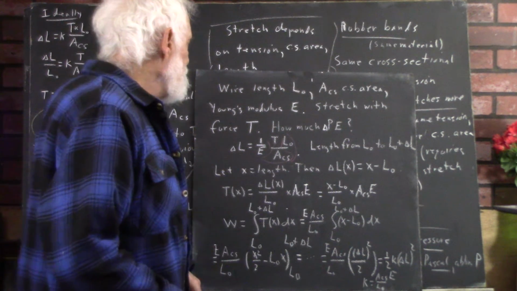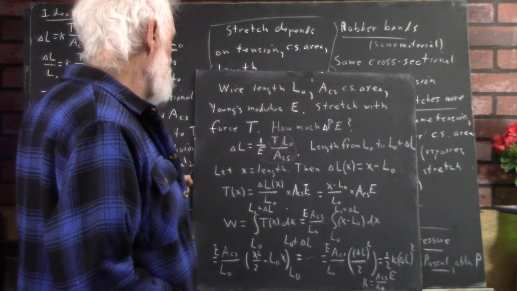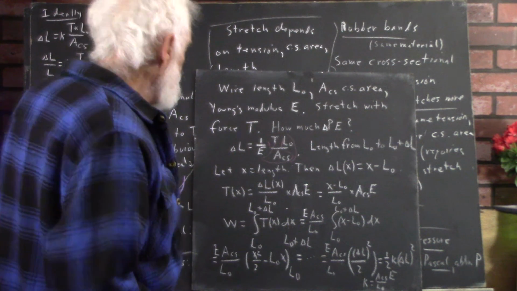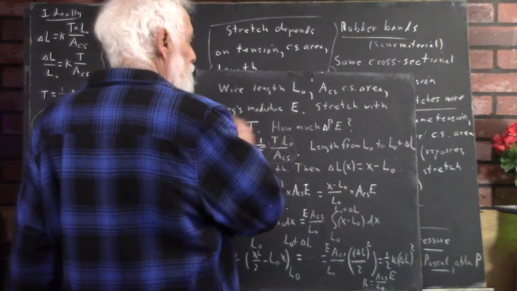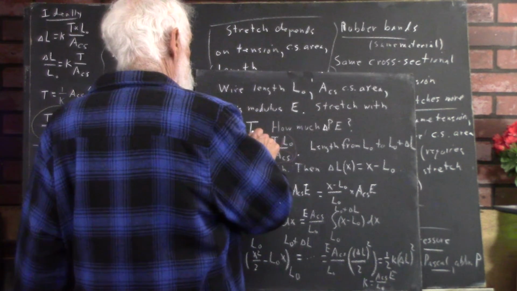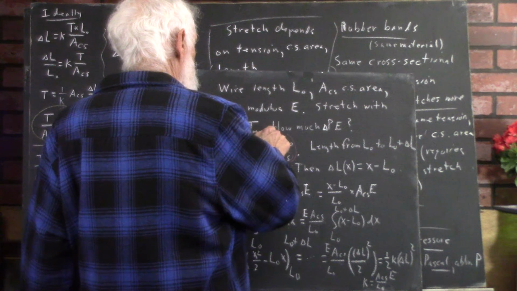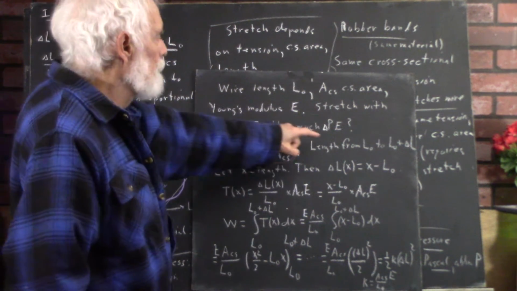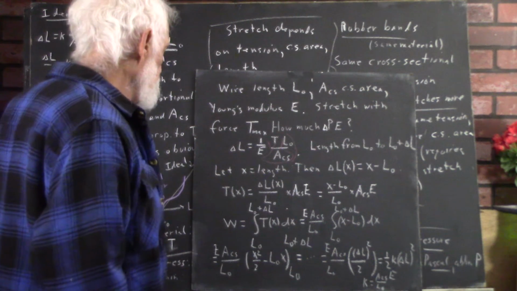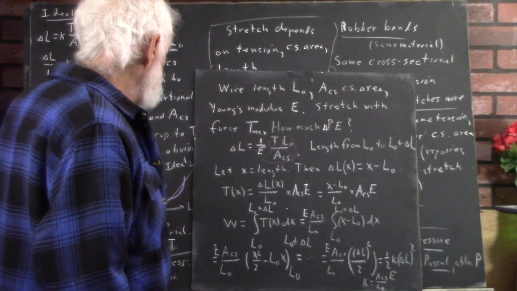Okay? Now, I have T in here in two different ways, so I want to amend my notation a little bit. We're going to stretch with some force T max, so how much potential energy change is there?